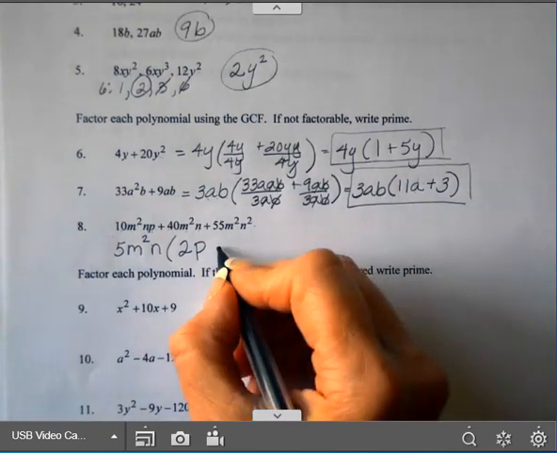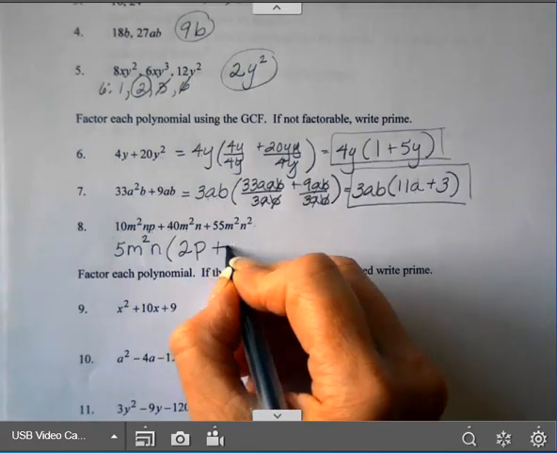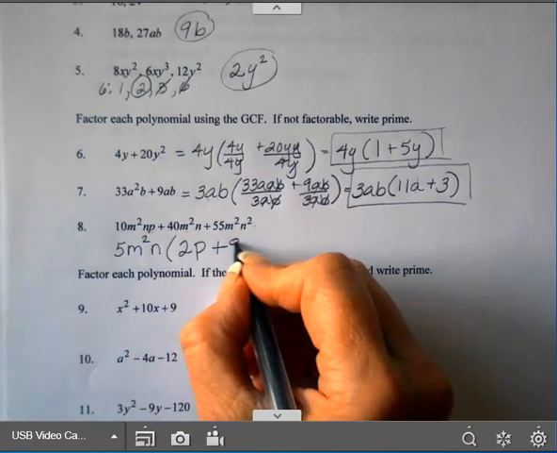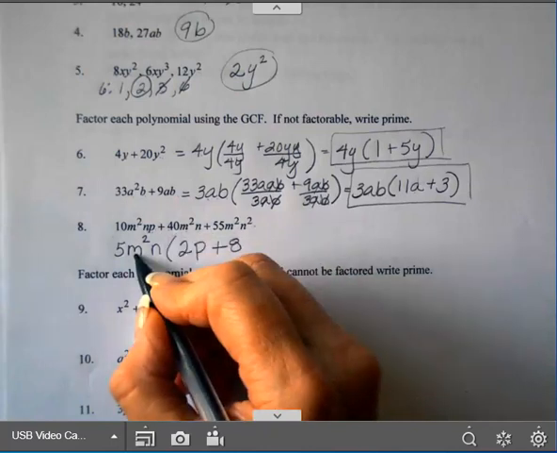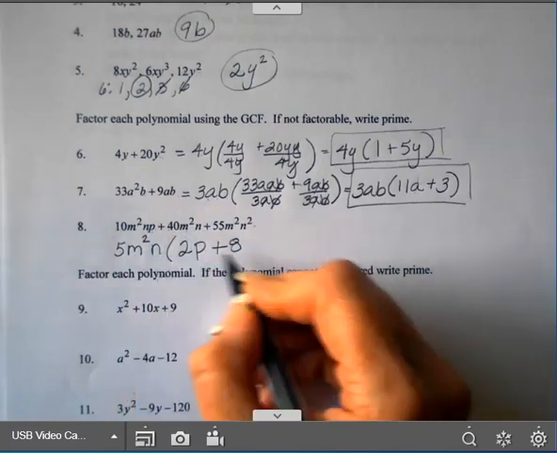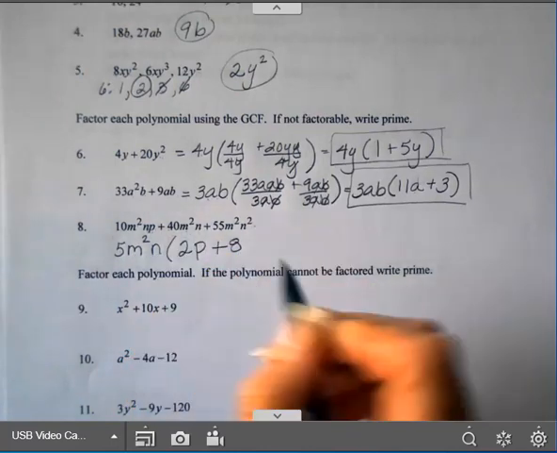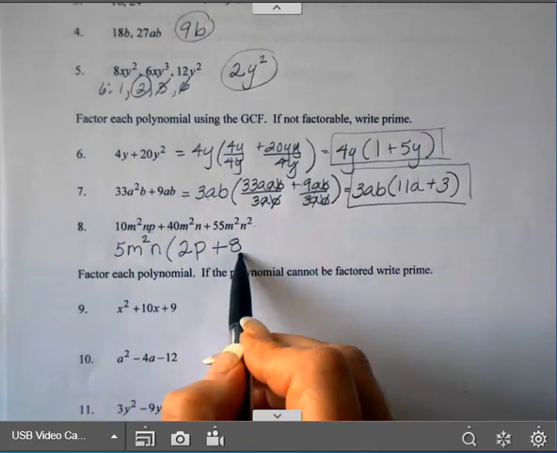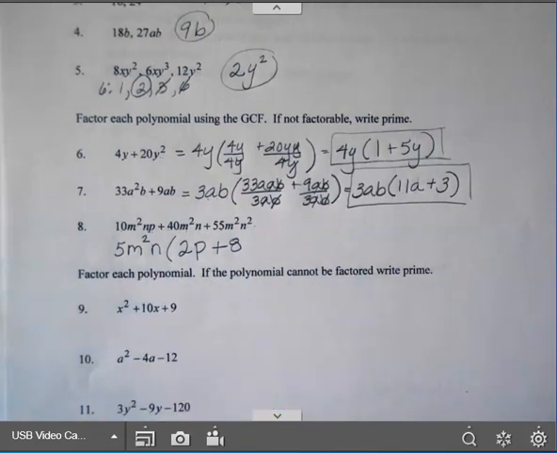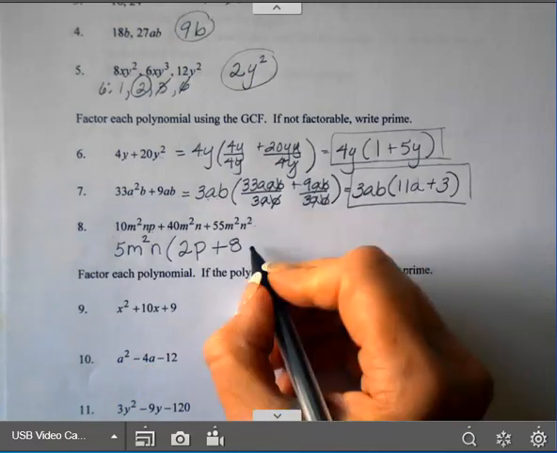Let's look at the second term. I'm going to divide 40 by 5, which gives me 8. I took out the m squared and I took out the n, so I'm just left with a plus 8. If I were to multiply this out, that would be 40m²n, so I'm good on that second term.